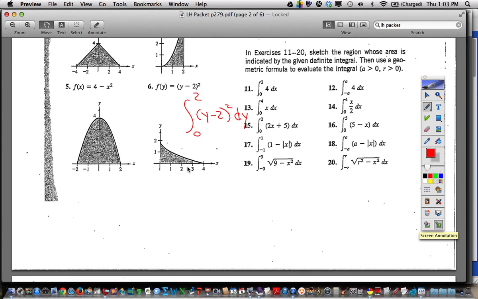Right, and it would be that. Okay, so it's really, again, just a parabola flipped around. All right, so when we get into chapter 7 later, we'll get into some of those issues with those horizontal kind of situations.